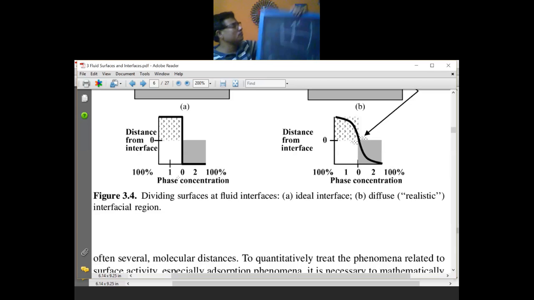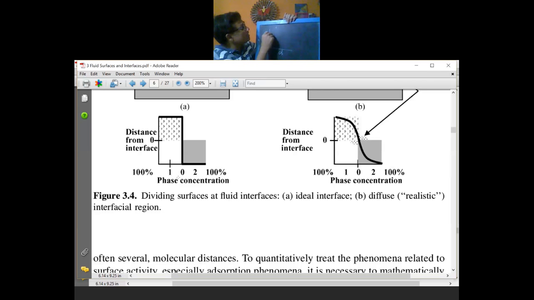So if I make a profile of density versus distance, or displacement, making a plot of distance against phase concentration, here phase 1 is concentrated, phase 2 is very dilute.